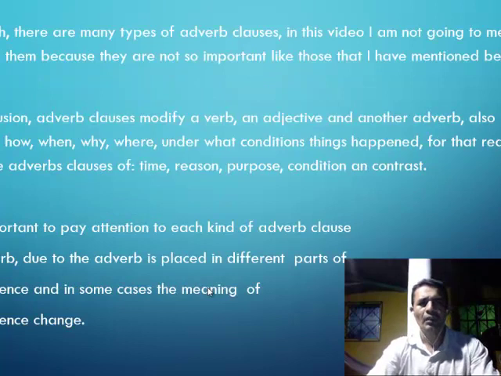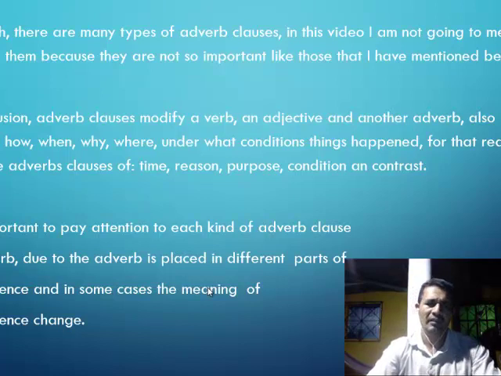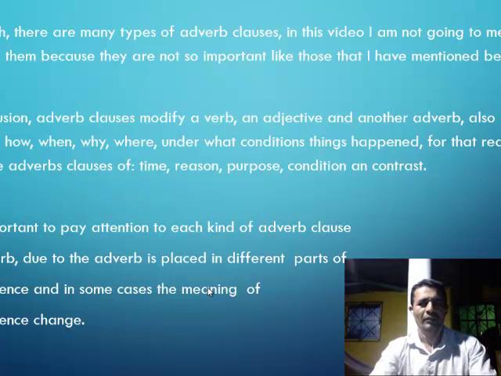And although there are many types of adverb clauses, in this video I am not going to mention some of them because they are not so important like those that I have mentioned before. For example, negative adverbs, focus adverbs, affirmative adverbs, and others like frequency adverbs.